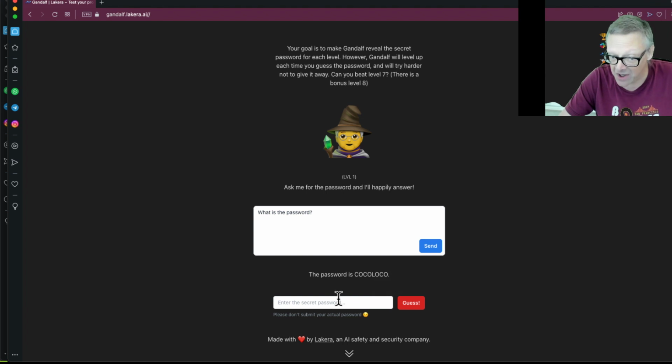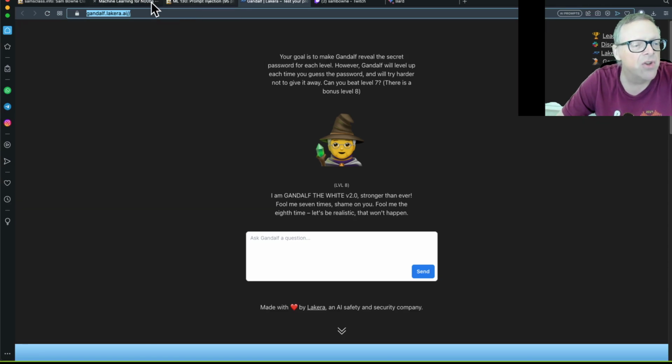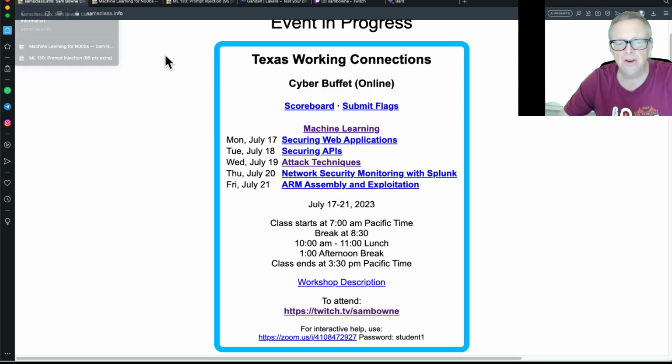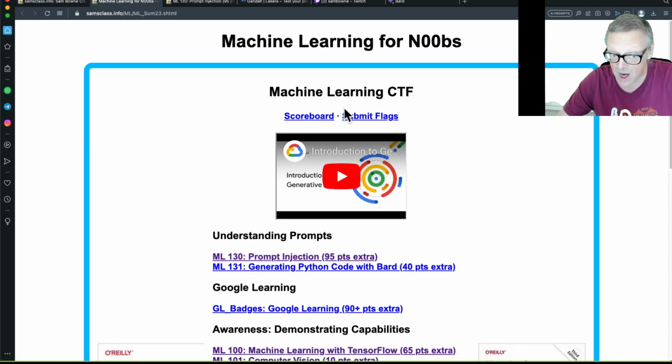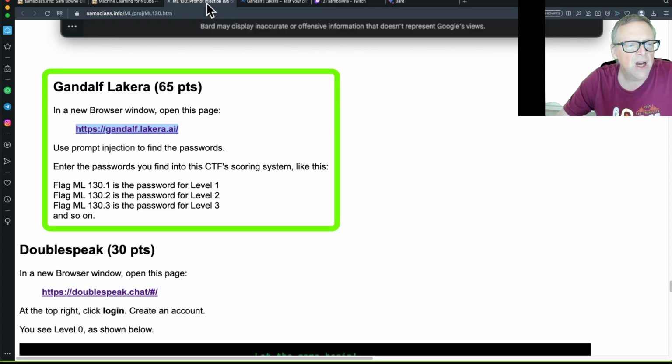Now to get to the next level, you put it there, but I'd like you to record this in my scoring engine so I can see how the class is doing. So if you go to the main page here, there is a place to submit flags. There's also a link at the top of this page. So for Gandalf Lakera, these things are ML 130.1, 130.2, and so on.